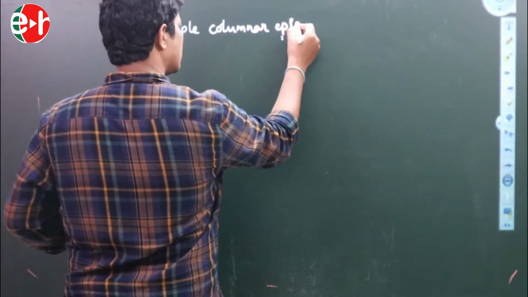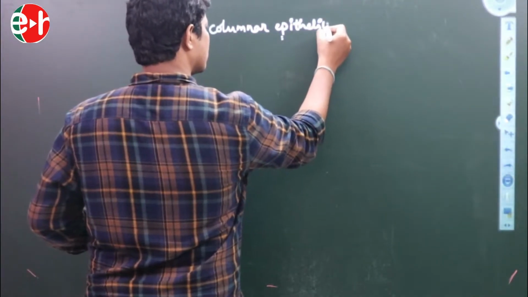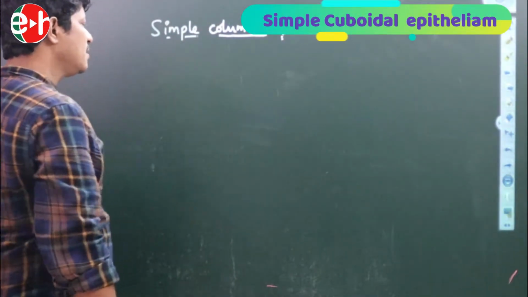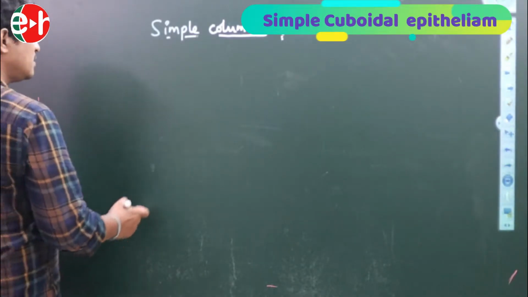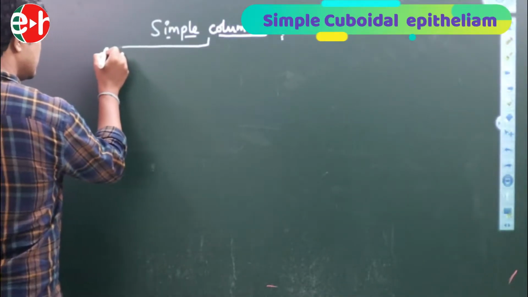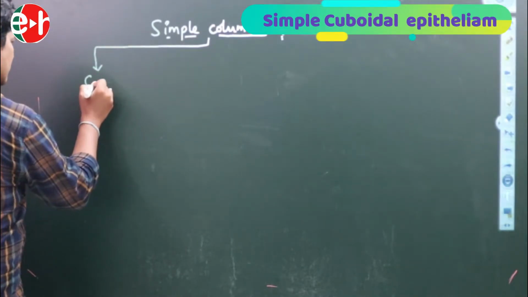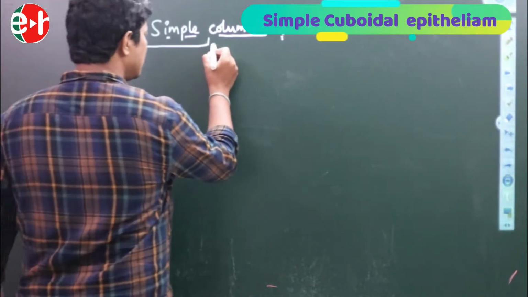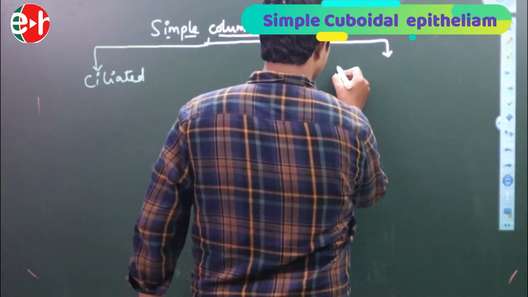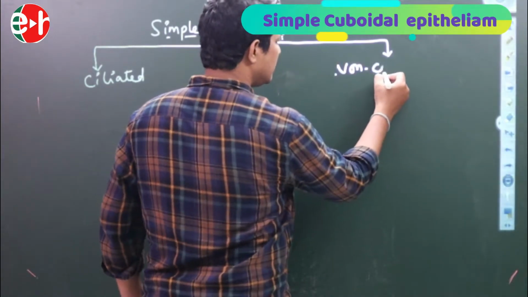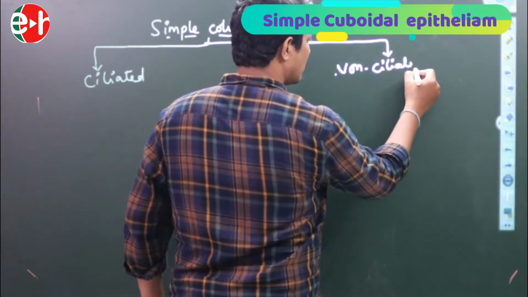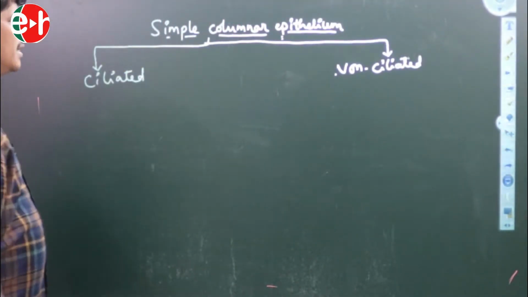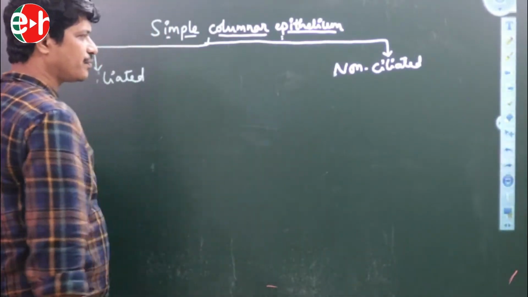Simple columnar epithelium. It is divided into two types: first, ciliated, and second, non-ciliated columnar epithelium.